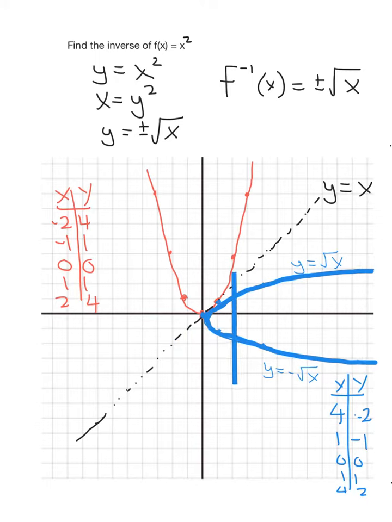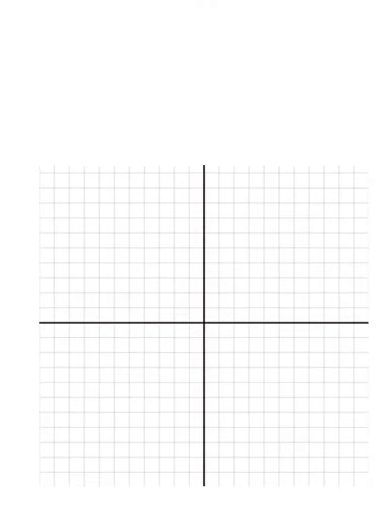Therefore it's not a function. Compare that to the red line, which we know is a function, y equals x squared. A vertical line intersects the red line once everywhere. So therefore it is a function. For the blue line we can see 2 intersections. Therefore it is not a function. And that's a problem.